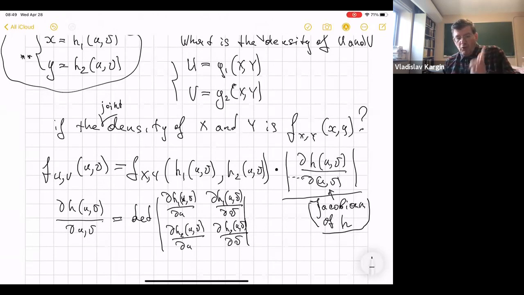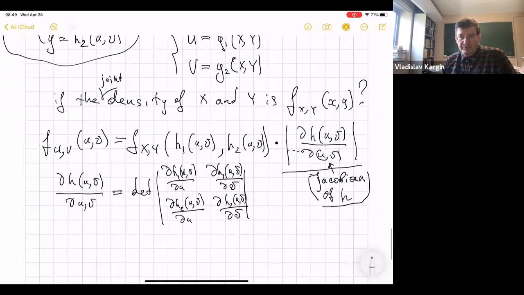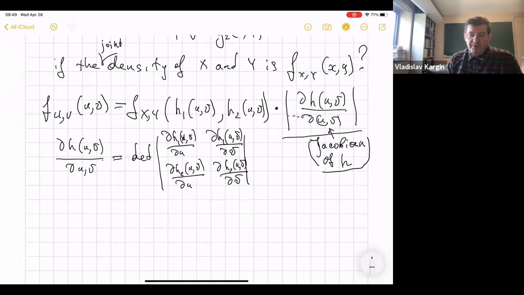The first column is taking the derivative with respect to u, the second column the derivative with respect to v. If you forgot what the determinant is, it's equal to the product of the diagonal terms minus the product of the anti-diagonal terms.